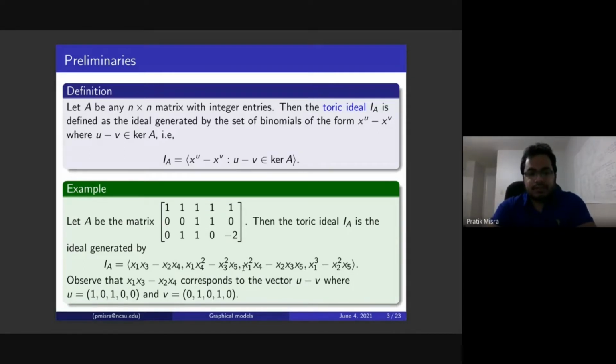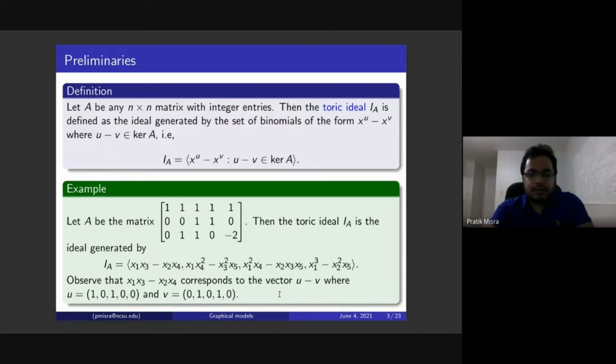Let me explain how these generators come about. Looking at the first generator, x1x3 minus x2x4, we have corresponding vectors u and v, where u has 1 at the first and third position and 0 elsewhere, corresponding to x1x3. Similarly, v has 1 at the second and fourth position and 0 elsewhere, corresponding to x2x4.